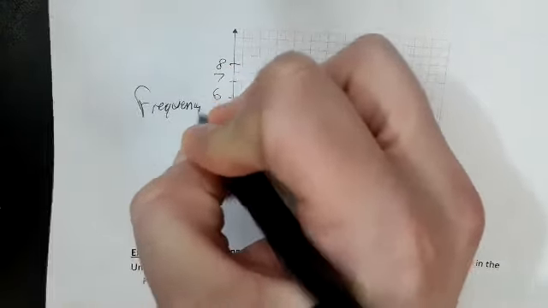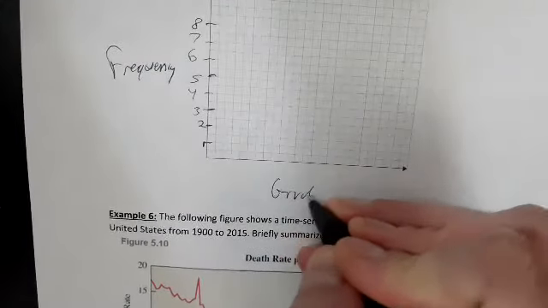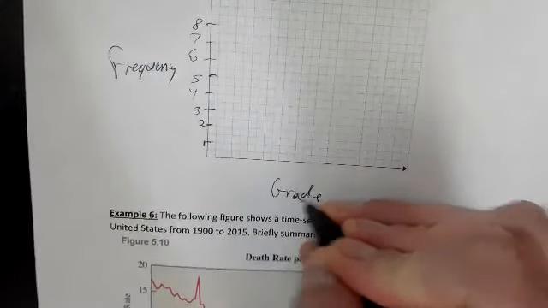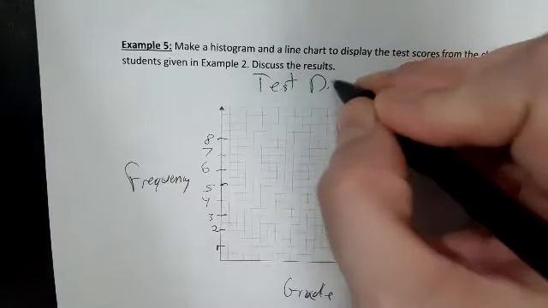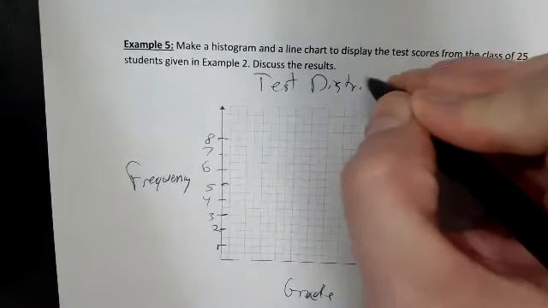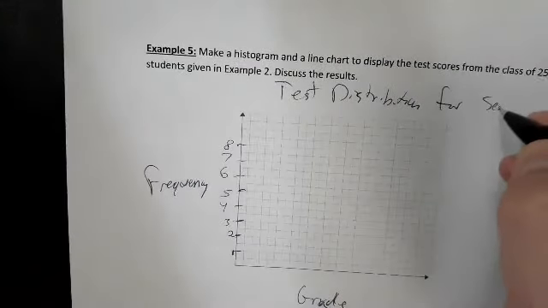Label this: this is my frequency. This down here is going to be my grade. That's my test distribution for the second class.